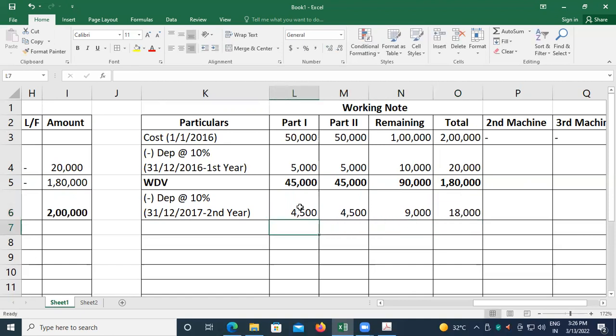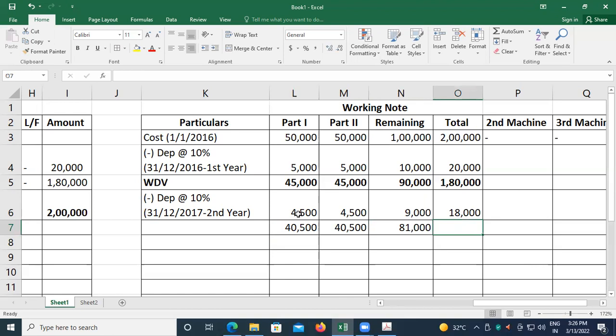Okay. Now let us calculate the balance. 45,000, we have to calculate now, minus depreciation from the WDV. So what will be the value that will come here? 45,000 minus 4,500 is 40,500. And here also 40,500. And here what is the value that will come? 81,000 rupees.